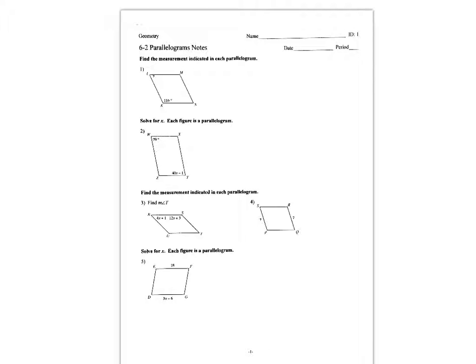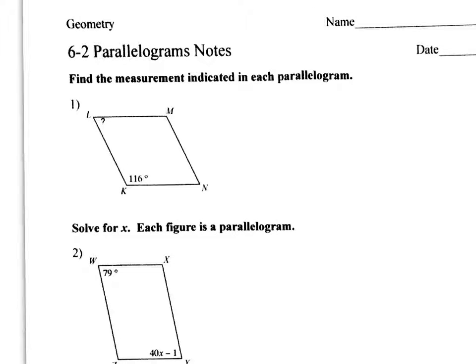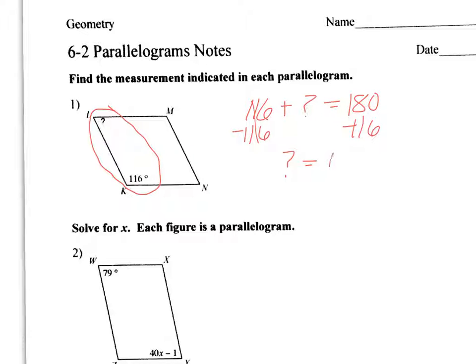Okay. So let's take the first one. It says find the measurement of the indicated in each parallelogram. This one has to do with consecutive angles. Remember we did consecutive interior, alternate interior, all those. In this case, 116 plus question mark has to equal 180. So we subtract 116 from both sides, and that gives us 64 degrees.